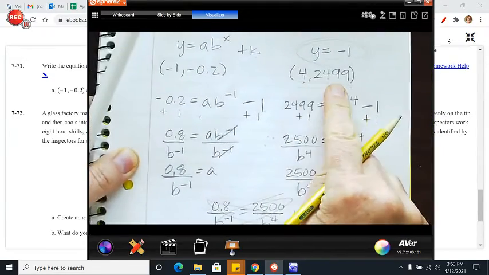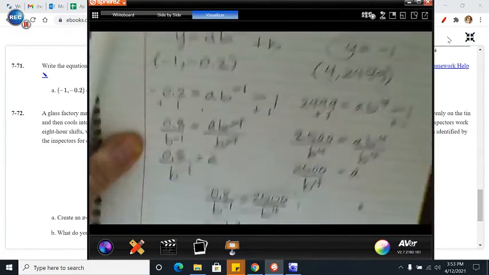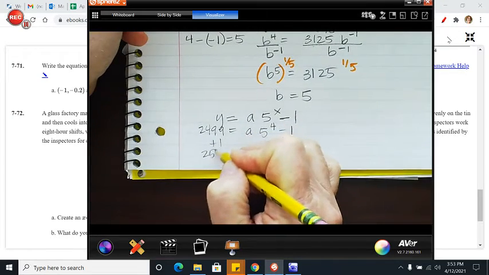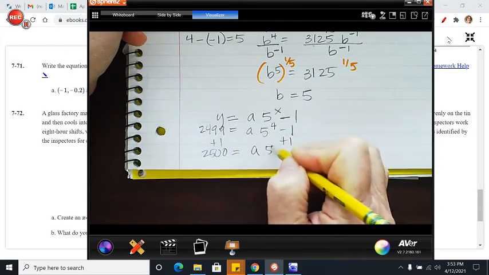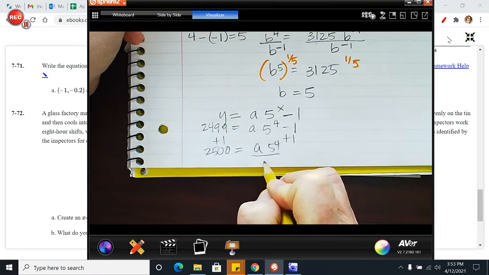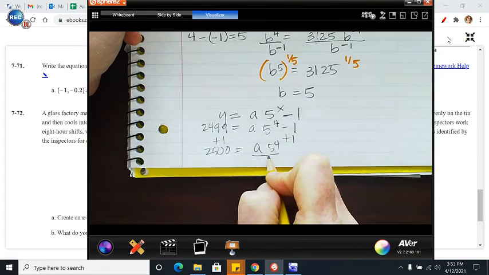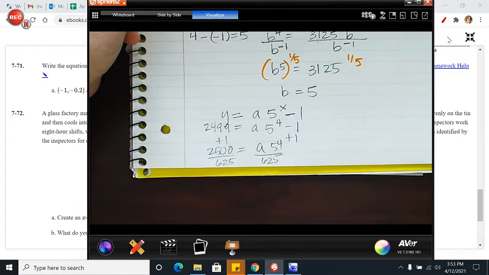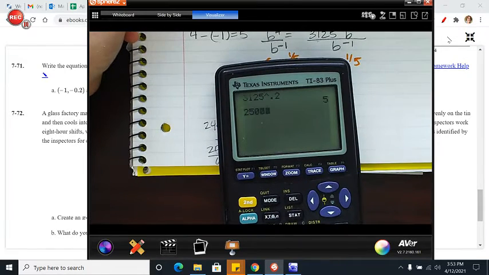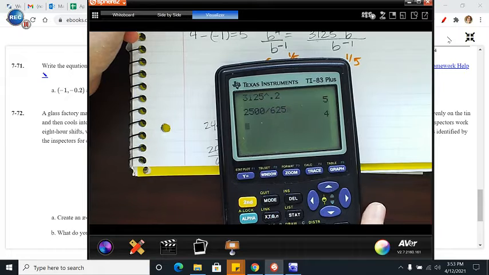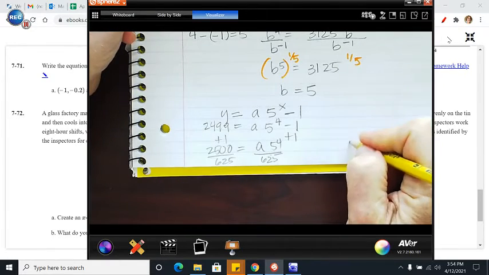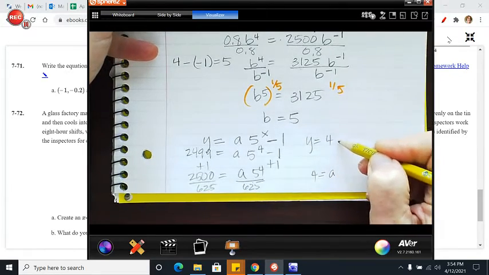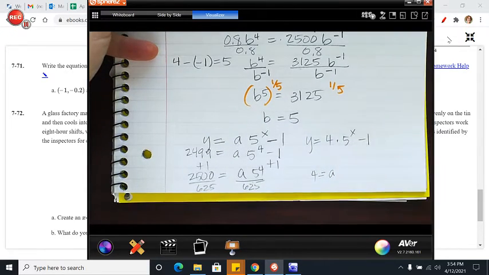I'm plugging in 4 for x, 2499 for y. I'm going to divide both sides by 5 to the 4th, which would be 625. And that is 4. So then our equation would be y equals 4 times 5 to the x minus 1.